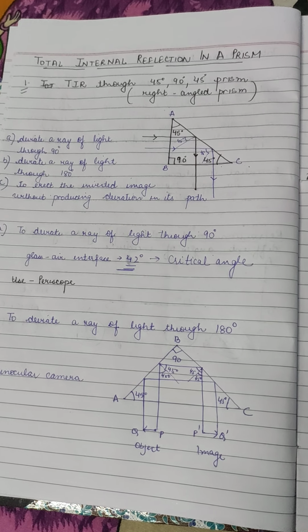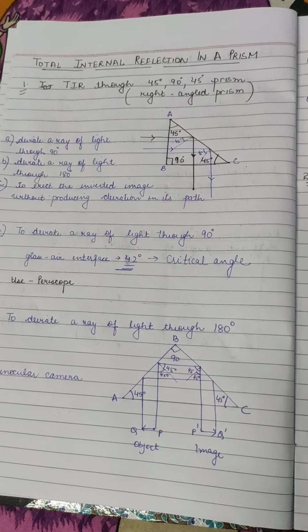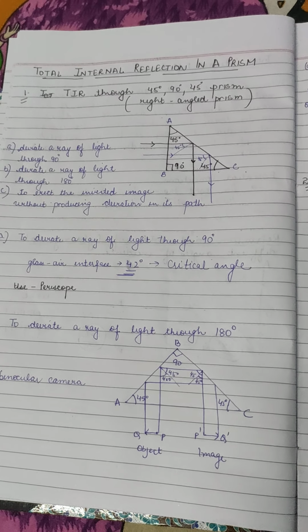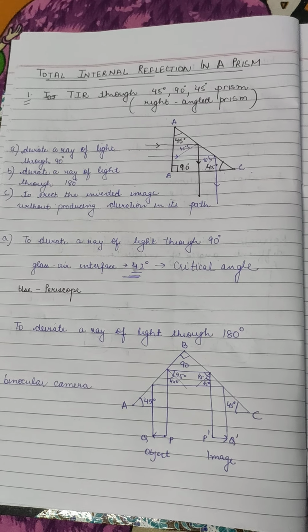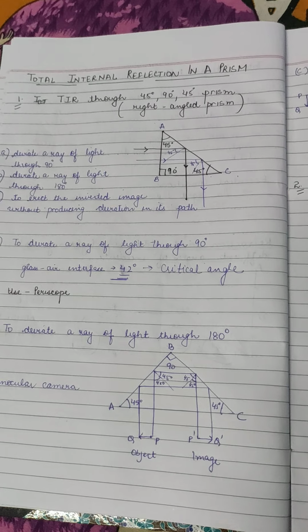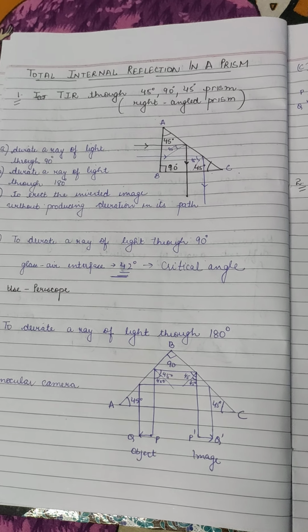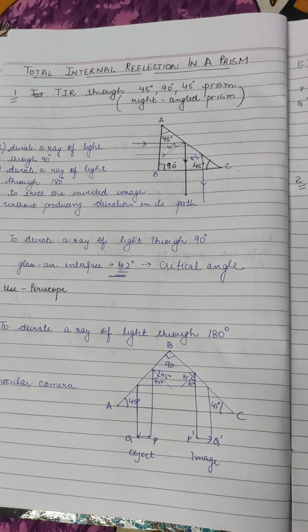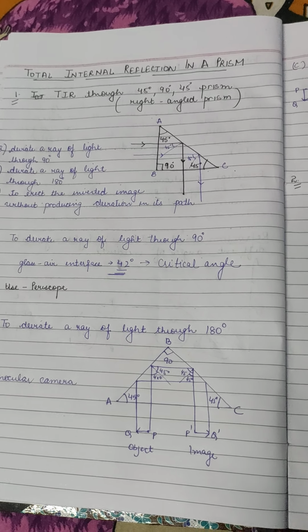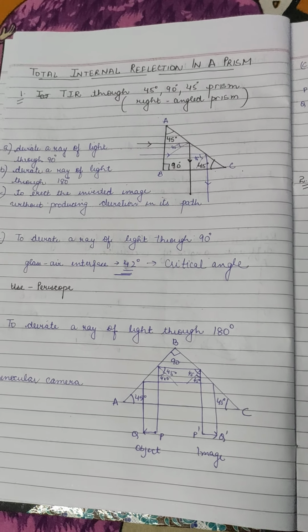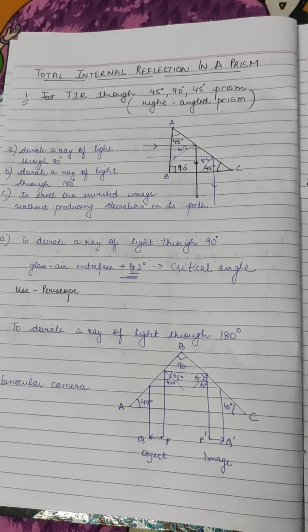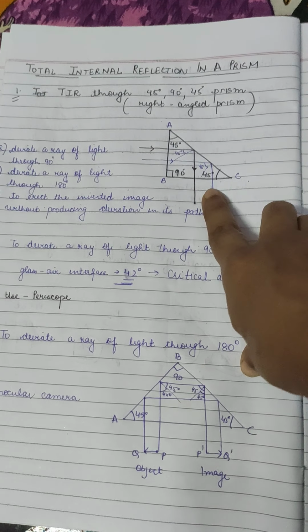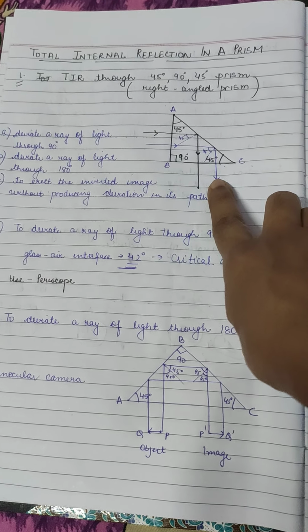So total internal reflection occurs at the face AC because the angle of incidence is greater than the critical angle. The refracted beam inside the prism then strikes the base BC. Where it strikes the base BC, it is normal there, so it again passes undeviatedly. I hope this is now clear to you.